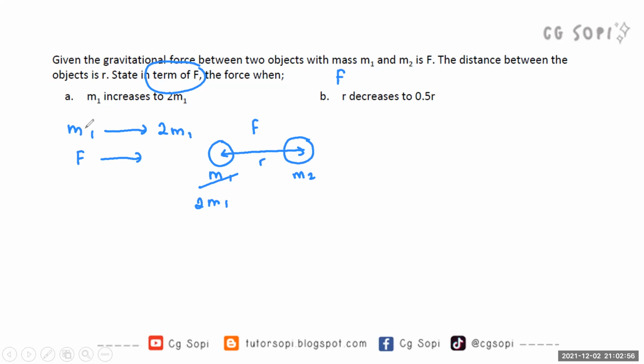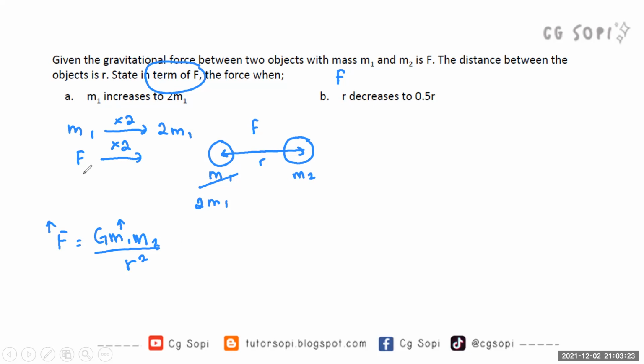From the formula F equals G M1 M2 over R squared, we know that when the M value increases, F also increases. So when M1 becomes 2M1, you multiply by 2 because it increased. We know that F will increase, so to show that F increases, we multiply by 2.